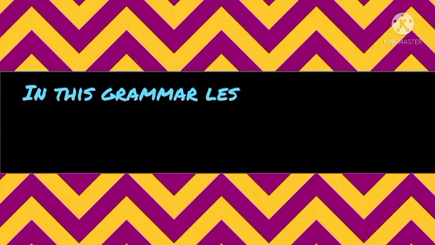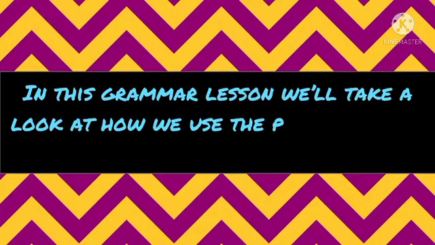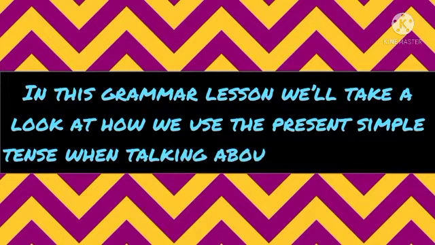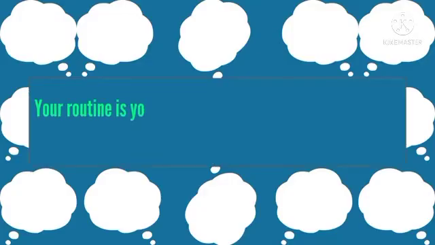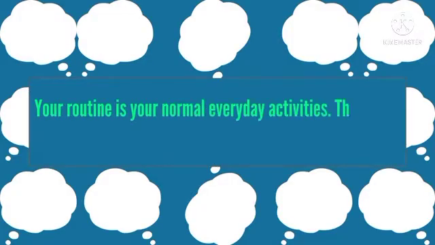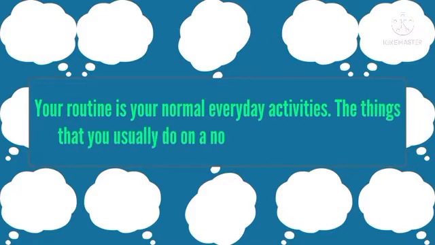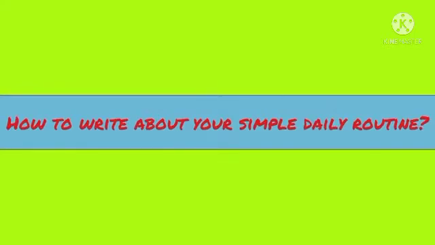In this grammar lesson, we'll take a look at how we use the present simple tense when talking about daily routines. What is your normal daily routine? Your routine is your normal everyday activities, the things that you usually do on a normal school or work day. How to write about your simple daily routine. 1.